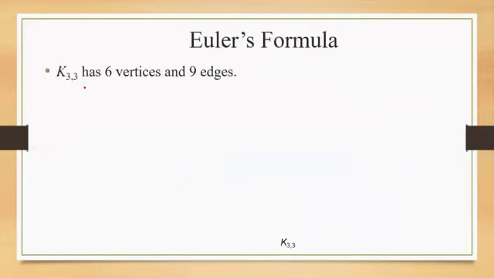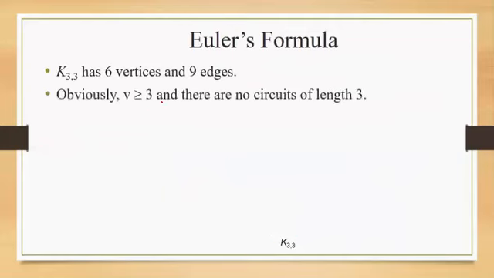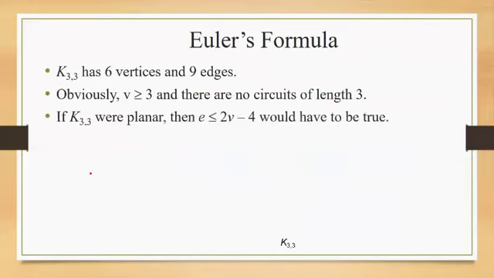So K33 has 6 vertices and 9 edges. Obviously V is greater than or equal to 3 and there are no circuits of length 3 in our bipartite graph. After that, if K33 were planar, then E is less than or equal to 2V minus 4. Basically, we have 3 corollaries based on the theorem. The first one is E should be less than or equal to 3V minus 6.